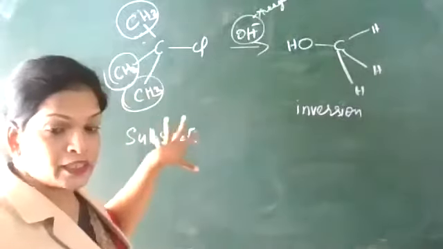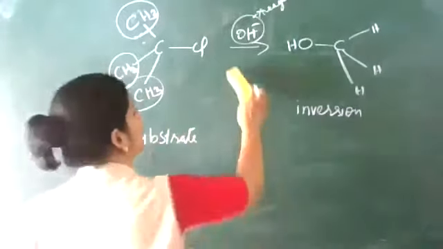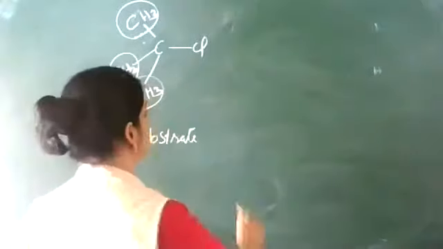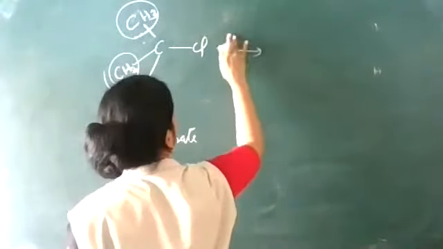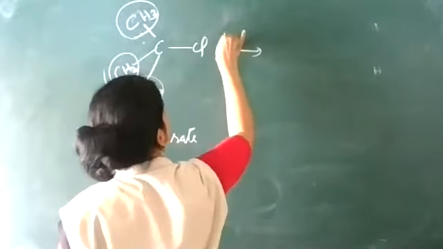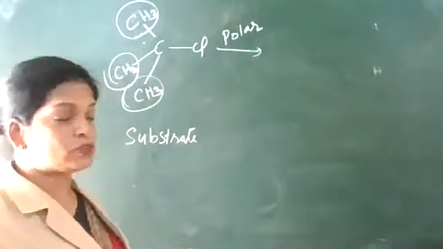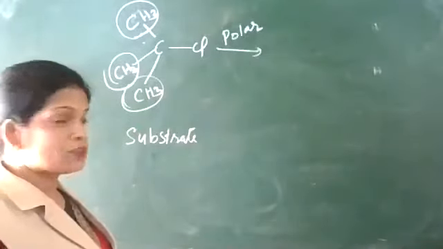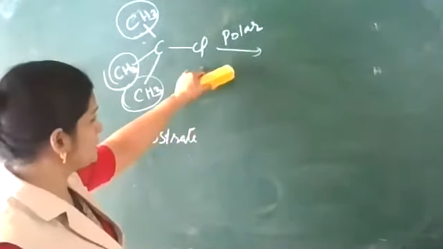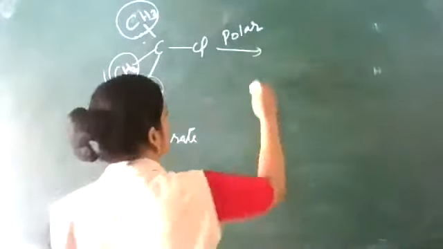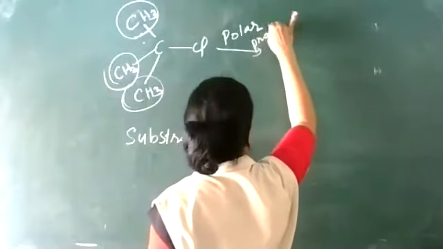You put this in a polar solvent. Polar solvent means water. Polar protic solvents can take away the Cl minus very easily.